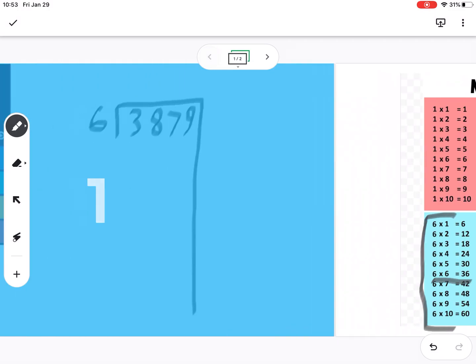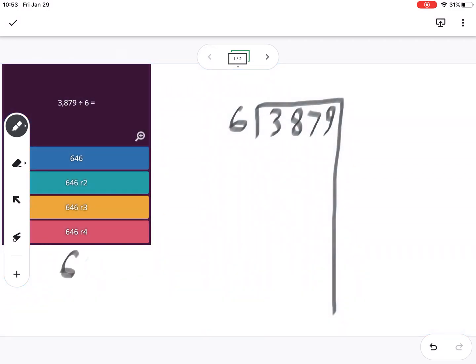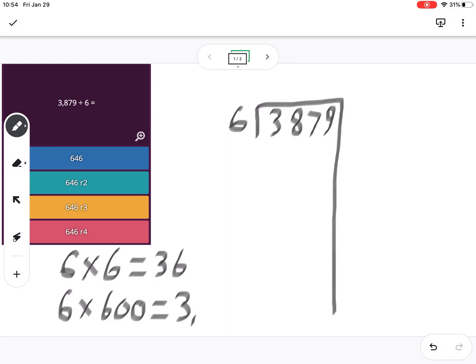So let's think about it. If we know that 6 times 6 equals 36, then that means that 6 times 600 equals 3,600.